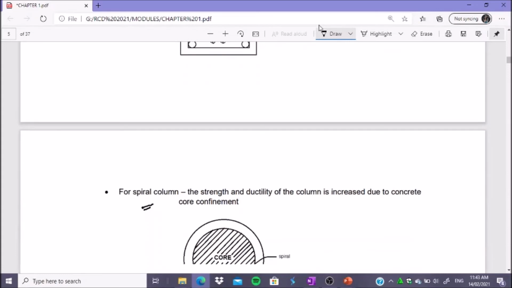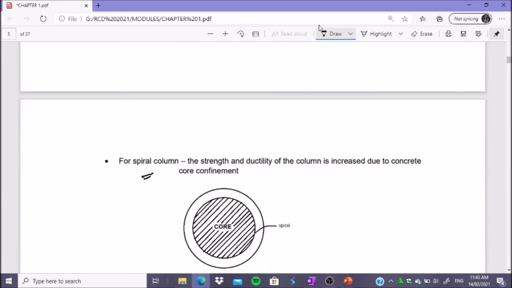Tapos pag spiral, circular, hindi. Actually, hindi yan. Kasi pwede namang maging spiral kahit na rectangular. Okay. Pagdating natin sa column, saka ko na lang i-explain yan. Basta at least meron kayo ng iniisip na, tied column, rectangular, yung bilog, spiral.